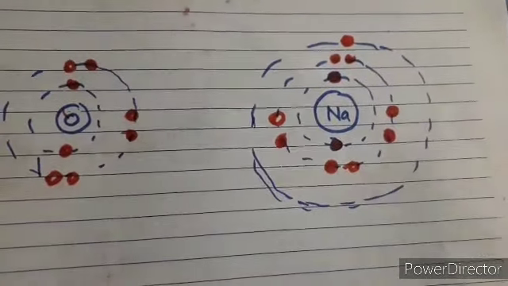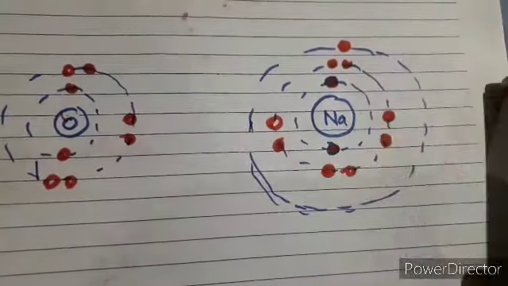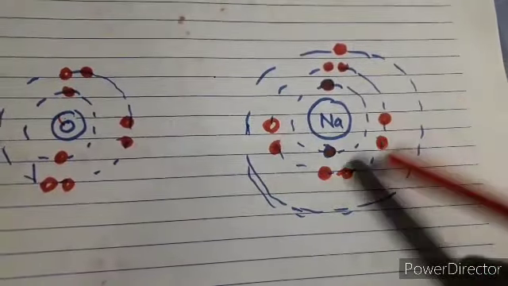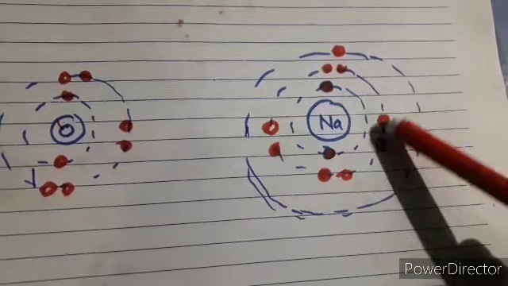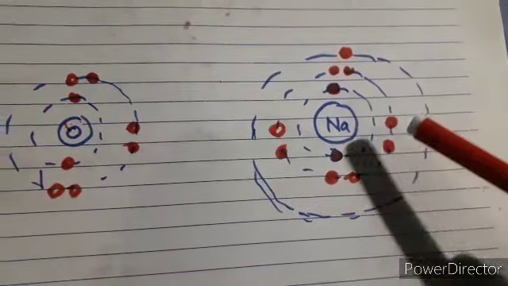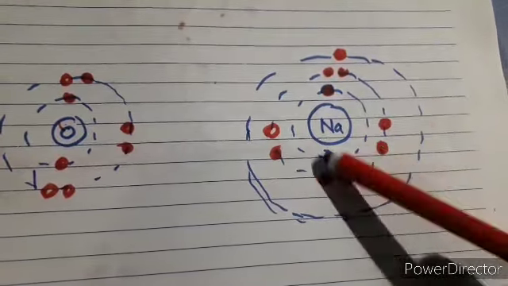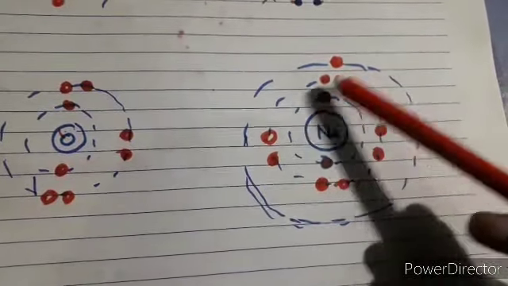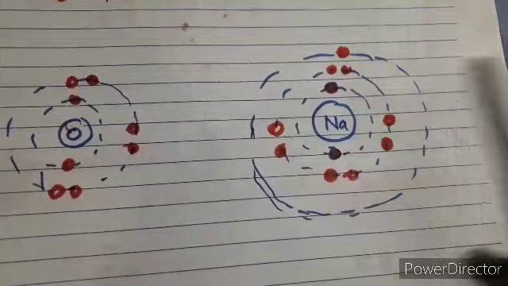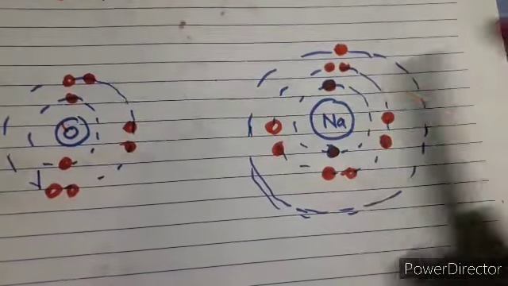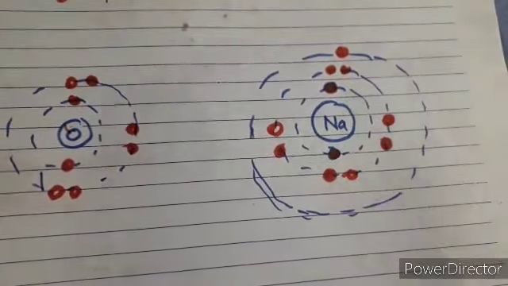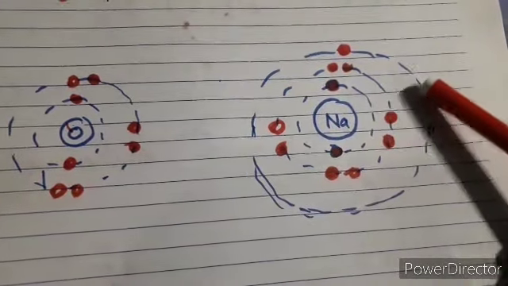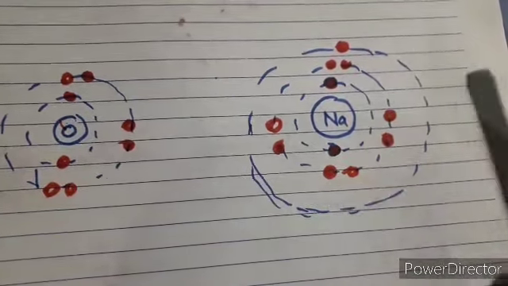So over here the distance is more, this attraction is very less. Entering of the electron is not very easy, because the nucleus always tries to attract the electrons, whether they are in the first, second or third orbit, or the outermost orbit, or coming from outside. Here it is less, so it will not attract the electron to a greater extent.